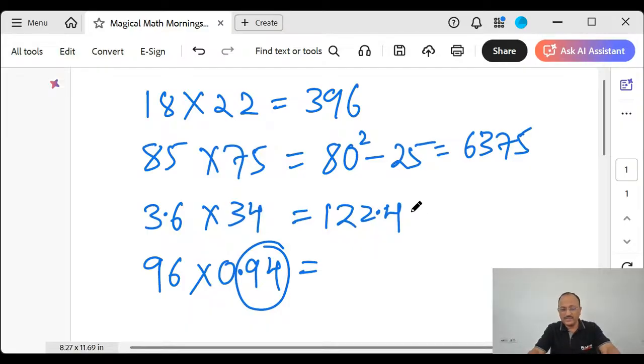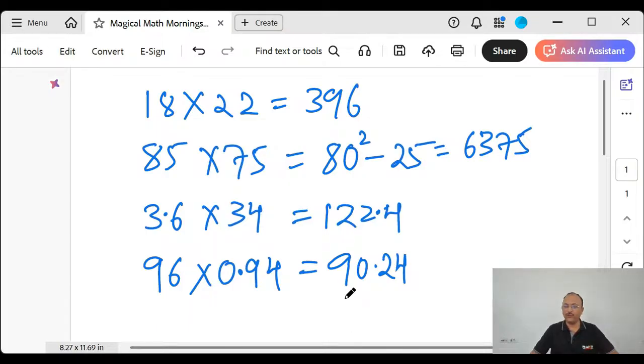Leaving decimal places is the basic multiplication we learned in 4th and 5th standard. The same thing we are going to follow, and the rest is my trick. Yes, 95 square is 9025, subtract 1 and you get 9024. Leave two places, it is 90.25. Excellent. All of you are correct.